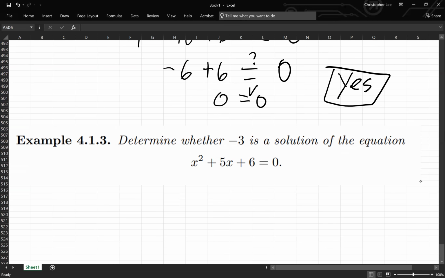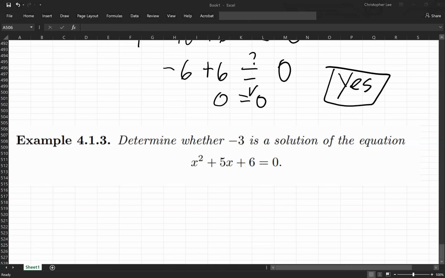All right, try this one. Determine whether -3 is a solution to this equation. I didn't even do it yet, so. -18 you got?